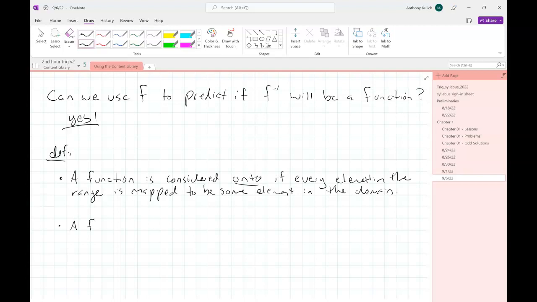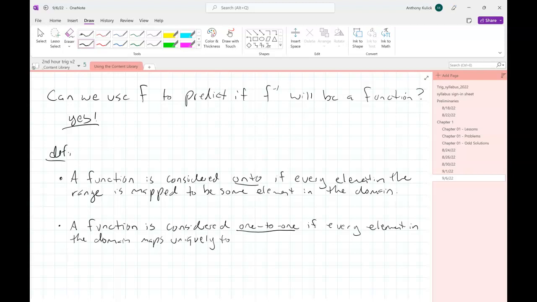Our next definition: we say that a function is considered one-to-one if every element in the domain maps uniquely to one distinct element in the range.